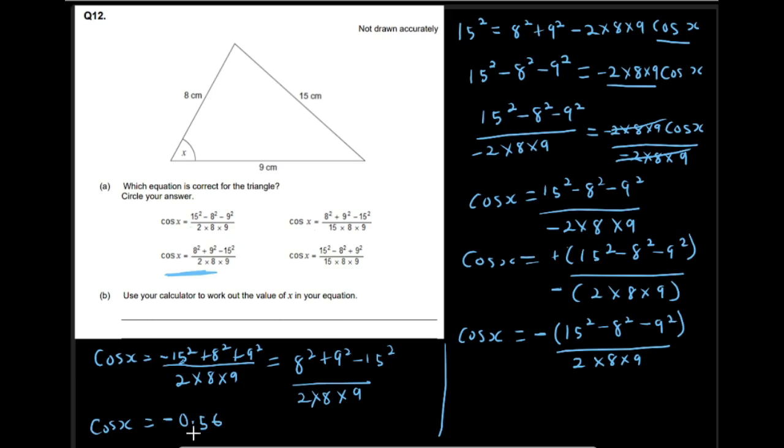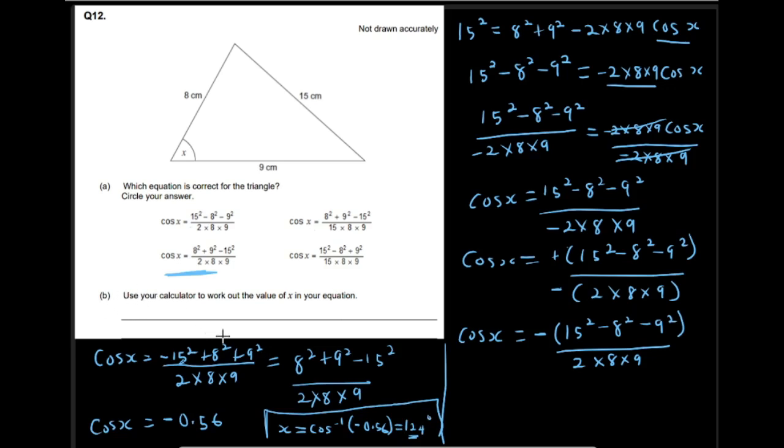Alright, so the value of x is going to be x equal to cos inverse of minus 0.56. Okay, and that will give you, shift cos minus 0.56, which is 124 degrees.